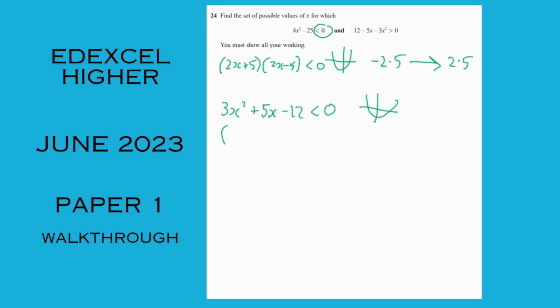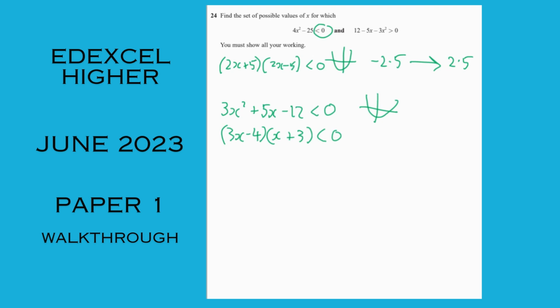And you could use quadratic formula. You could even go completing the square, but no chance. Stick with factorising either by sight or the AC method, but I'll speed the process up. It's negative 4 and positive 3 because they multiply to make minus 12, and if you expand them, you get 9x minus 4x, but the AC method would just take you about a minute longer.